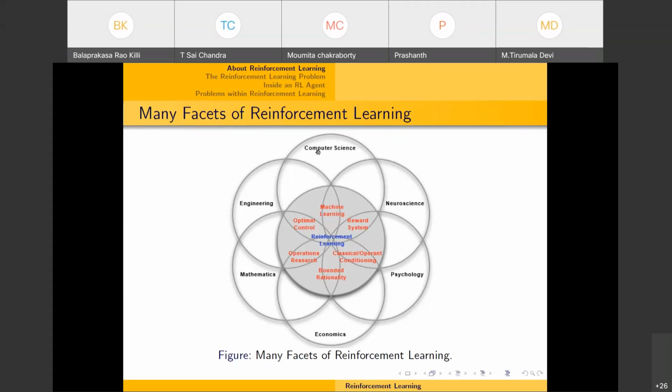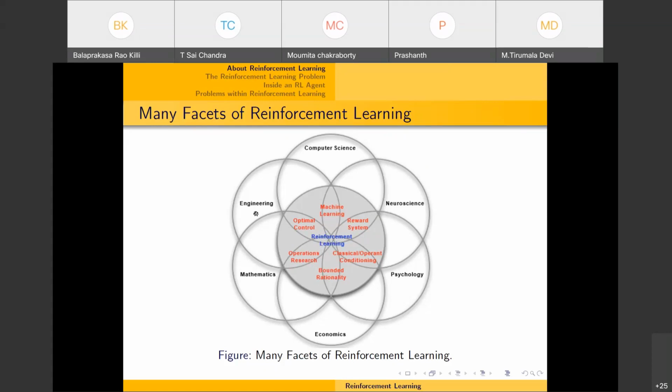So in computer science, we study reinforcement learning under the umbrella of machine learning. In mathematics, we study it under the umbrella of operations research. That means the kind of problems that we deal with in operations research and the kind of problems that we deal with in reinforcement learning under machine learning are almost similar.